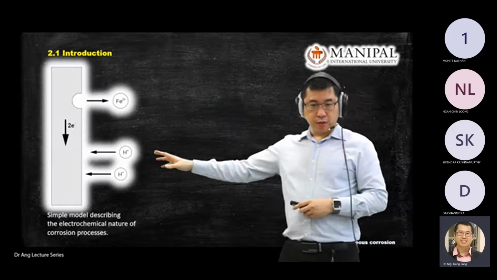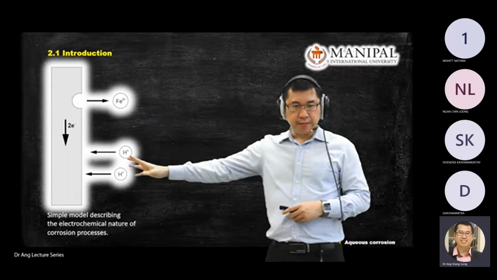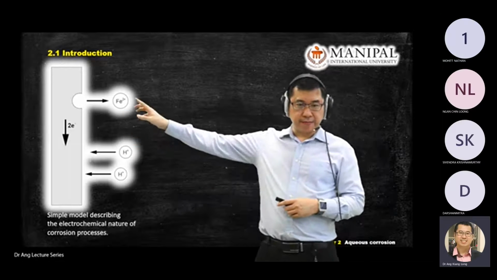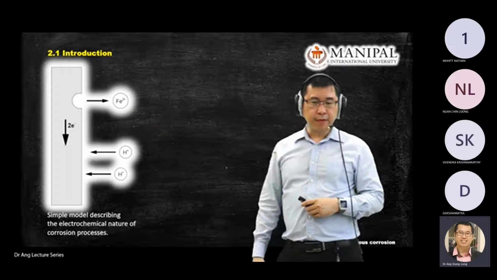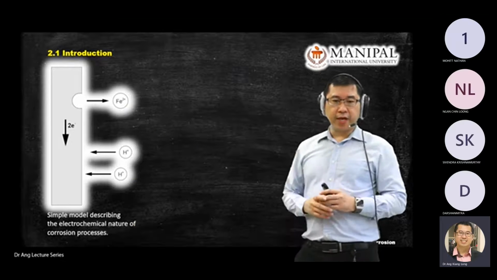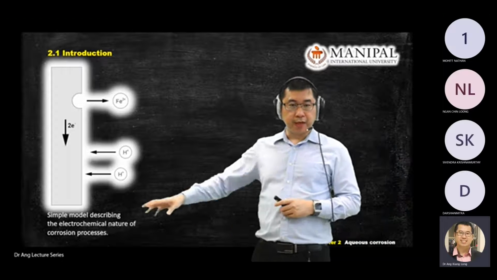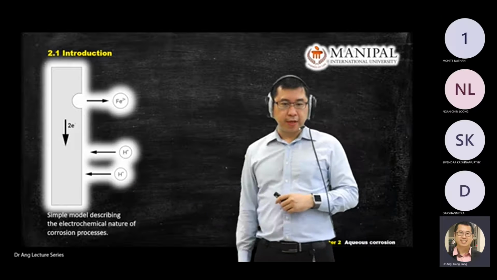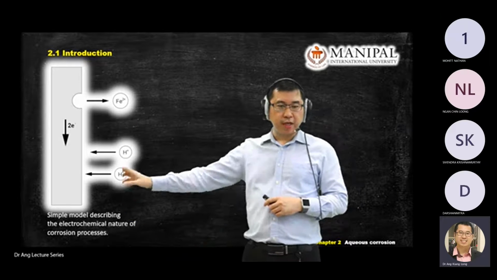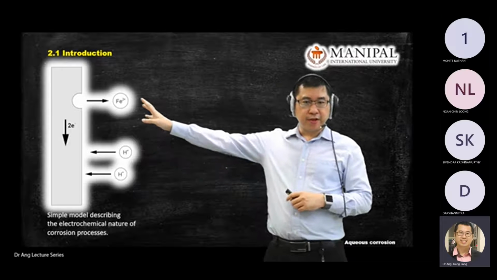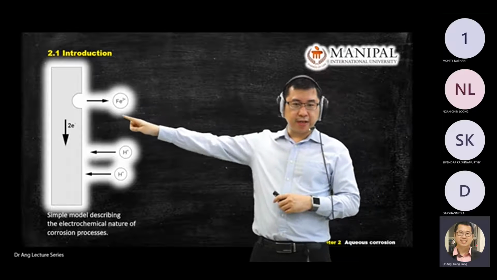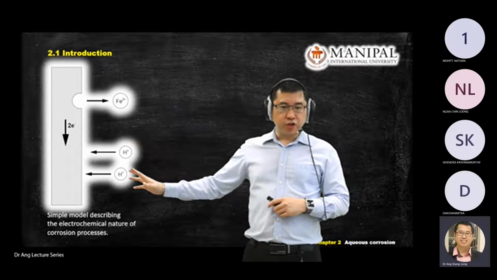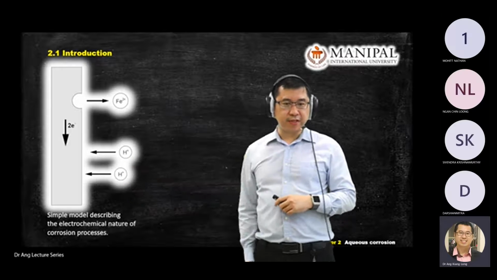Next. So I give you a simple diagram on the left hand side. As you can see here, the gray area, the far left rectangle, we assume is a metal material. This is a simplified model. So what happens during corrosion? You'll see some ions coming out from the surface of the metal, and some hydrogen ions attracted to the surface.